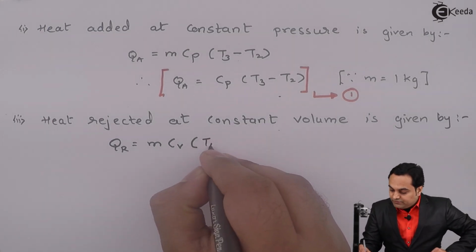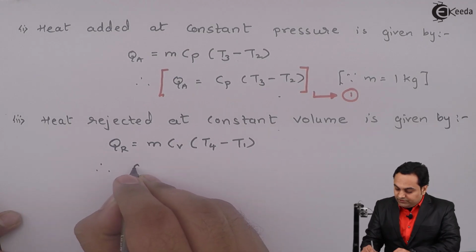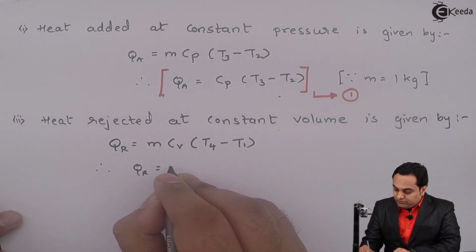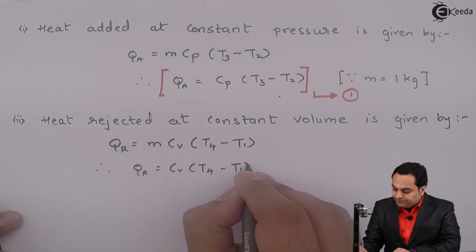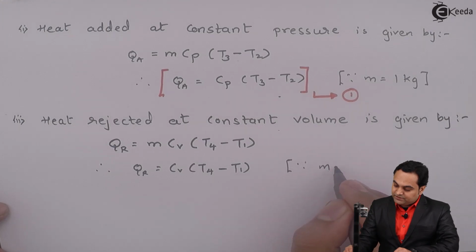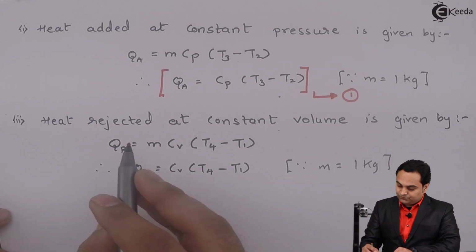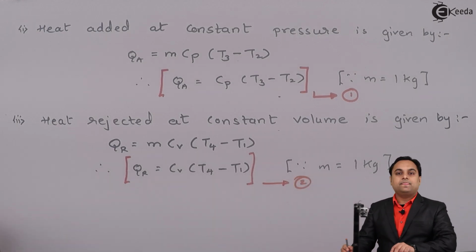So therefore heat rejected is equal to Cv (T4 minus T1), and here also, since mass m is equal to 1 kg, I will keep this as equation number 2.